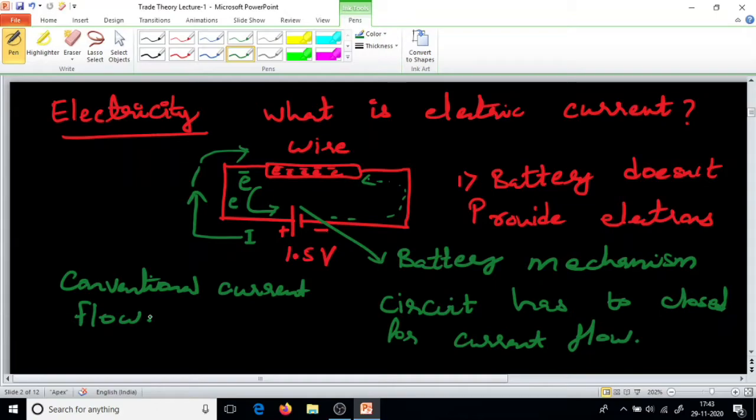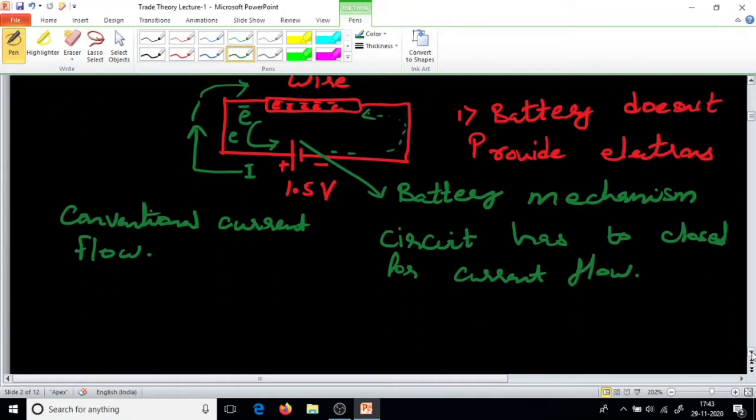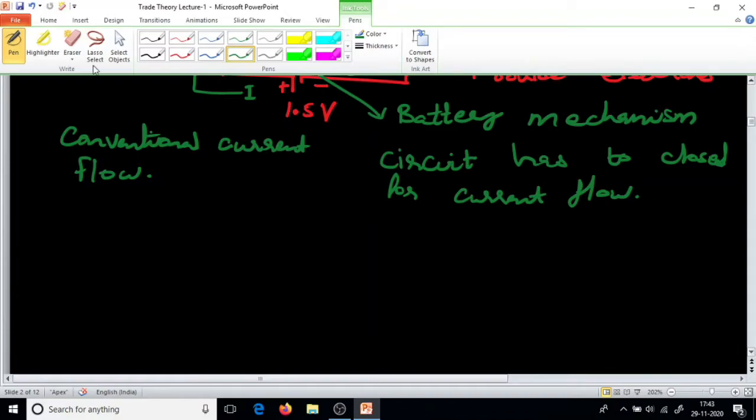Now we'll write the definition for electric current. What is the definition for electric current? Try to learn with me so that you need not learn anything later.